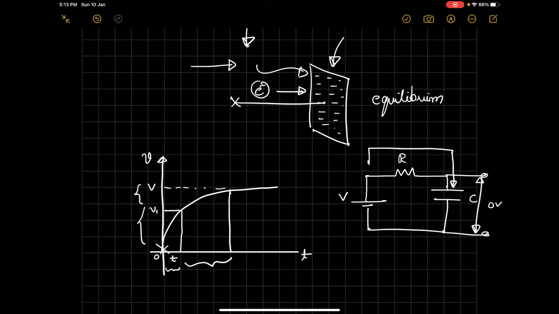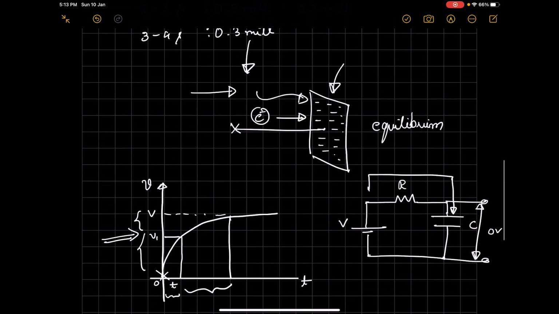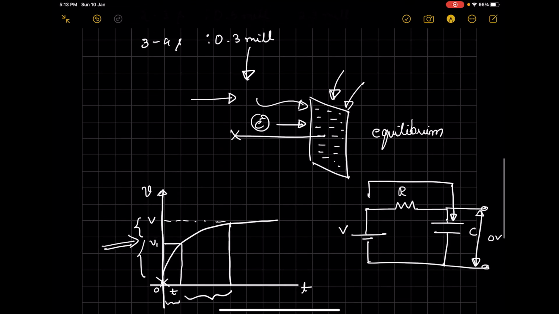By the time the voltage on the capacitor reaches V1, there will be a large number of electrons on the plate, and these electrons will repel the new electrons that are trying to come and sit on the plate. At that point, the number of electrons sitting on the plate will keep on reducing, and that is the reason it takes a large amount of time to reach the final voltage V.